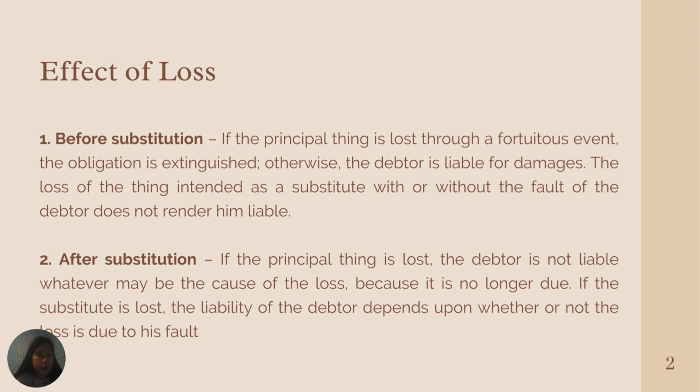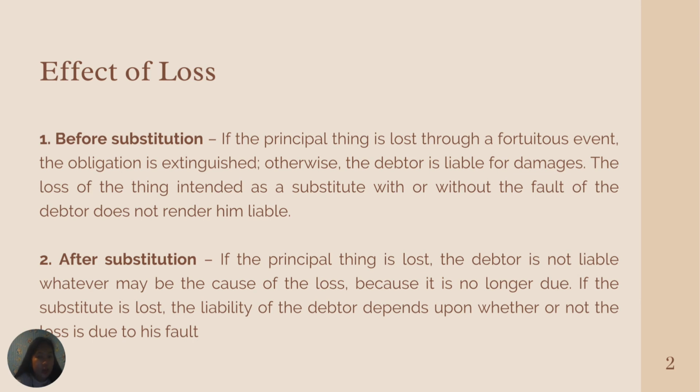If the substitute is lost, the liability of the debtor depends upon whether or not the loss is due to his fault. For example, before substitution, Mara will give Clara item 1, or item 2 if Mara wants. If item 1 is lost through a fortuitous event, the obligation of Mara is extinguished.